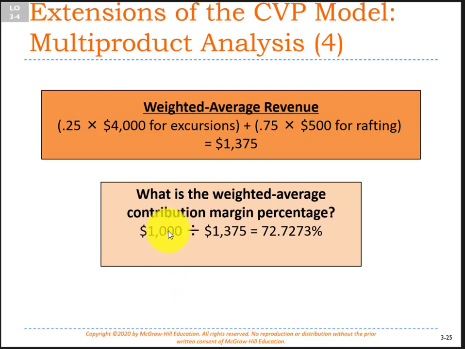So $1,000 from our last calculation, divided by 1,375. That gives us our contribution margin percent or contribution margin ratio. If you put a percentage on it, it's 0.72 or 72.7273%.